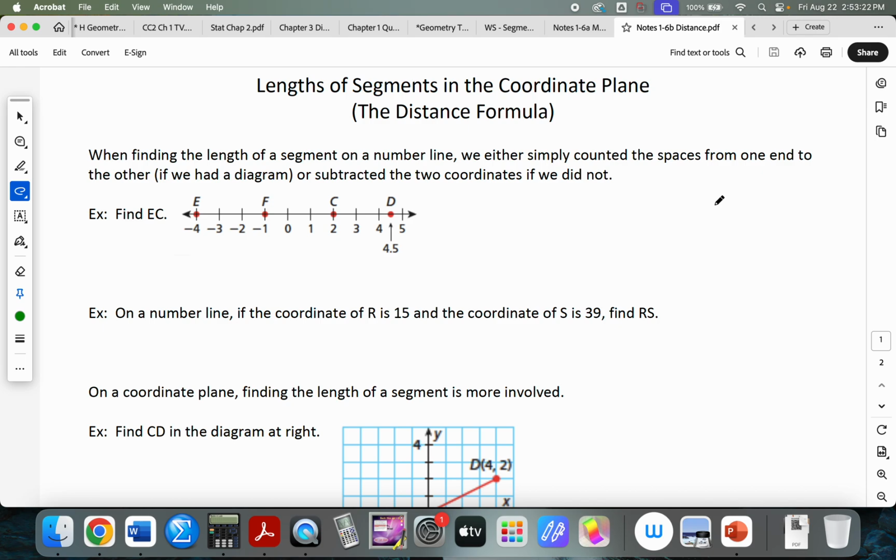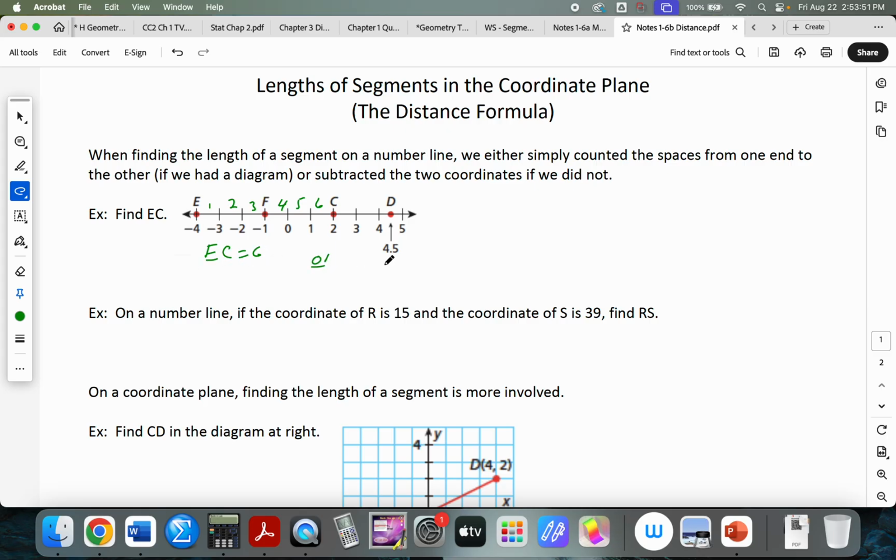If you're finding the length of a segment on a number line, if it was on a small number line, we could just count the spaces. Or we can subtract the two coordinates. So like here, we can either count 1, 2, 3, 4, 5, 6, and say the length of EC is 6.